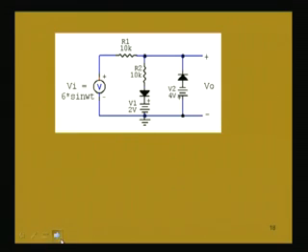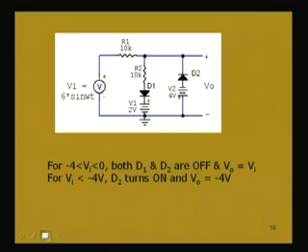Now, when the other diode will be conducting? This diode is already reverse biased by 4 volt. So, in order to conduct, we need to go up to minus 4 volt, that is in the negative half cycle, because in the positive half cycle it cannot conduct at all.